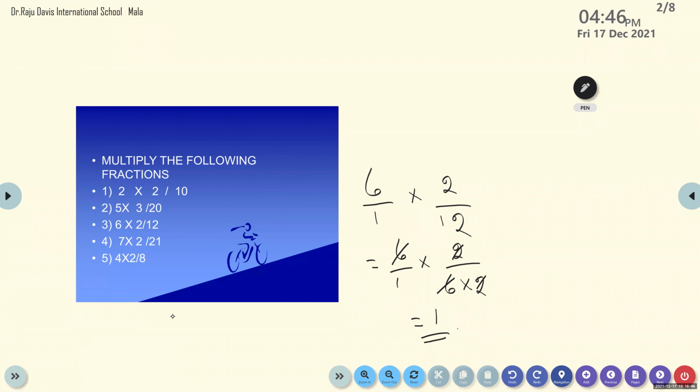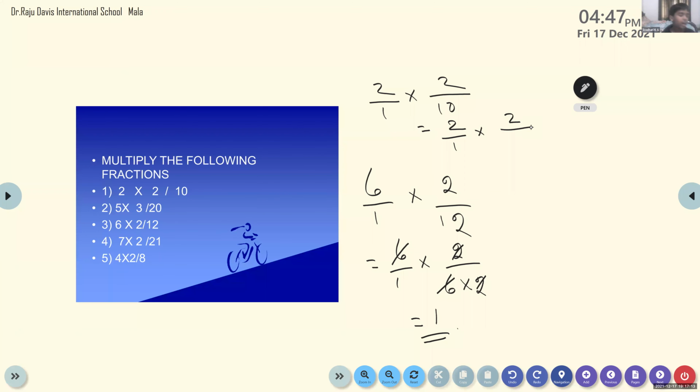The first question. First we need to make 2 into a fraction. So we will write 2 by 1 multiplied by 2 into 10. 2 by 10. After that, we need to find the number to simplify, which is 10.